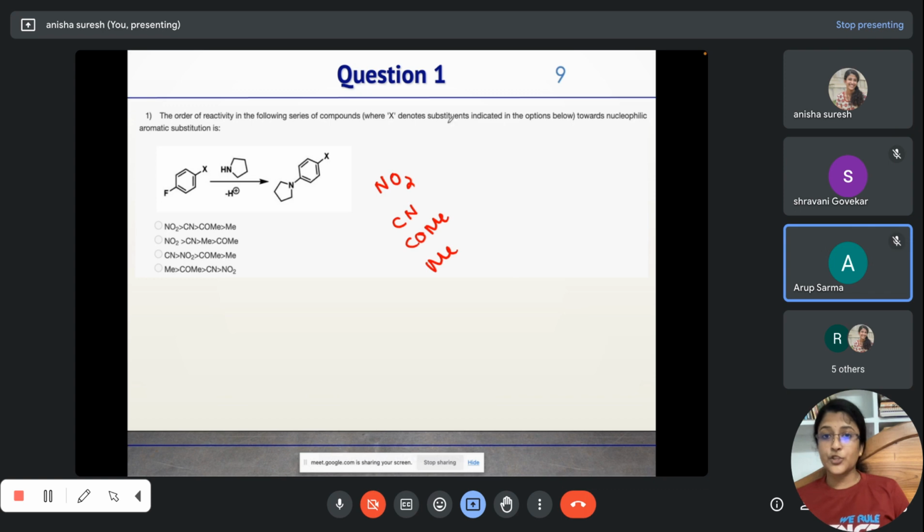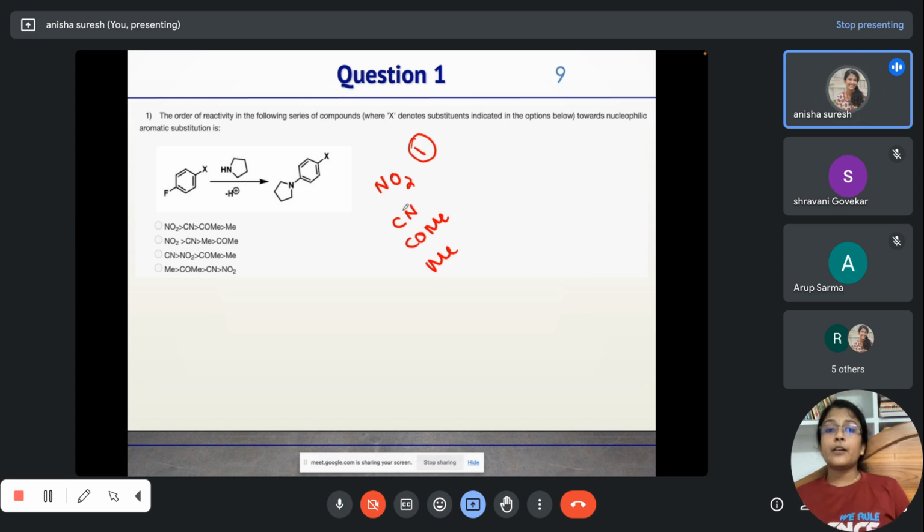Nitro. Nitro will be highly electron withdrawing, so this will come in first position. So this will be more reactive. The order of reactivity will be highest in case of nitro for nucleophilic aromatic substitution reaction.